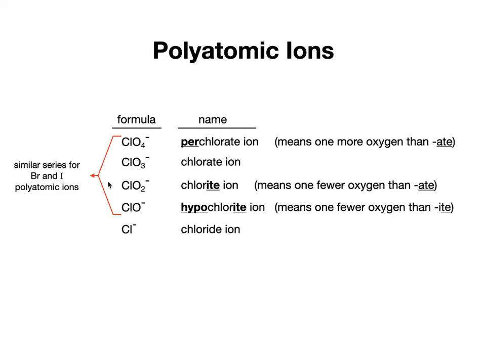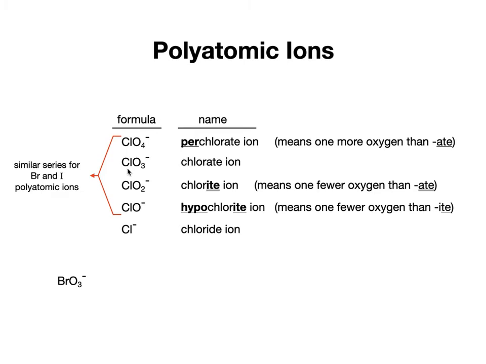Now, class, there is a similar series of this naming scheme for the bromine and iodine containing polyatomic ions. Chlorine, bromine, iodine, they are all halogens. They're all in the same group. So we have a very similar naming scheme for polyatomic ions involving bromine and iodine. For example, if you see BrO3 minus, that looks a lot like this.